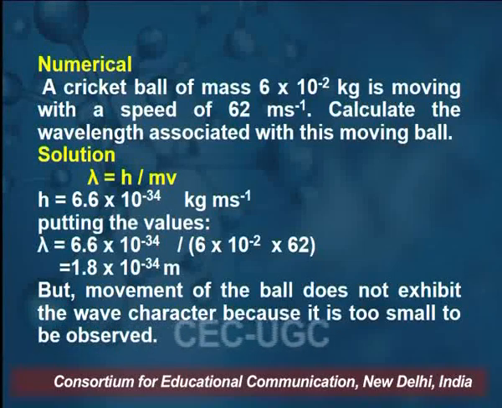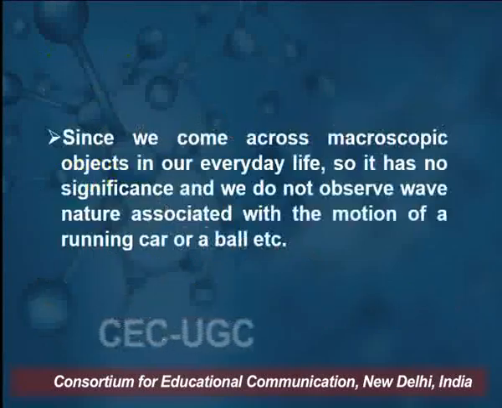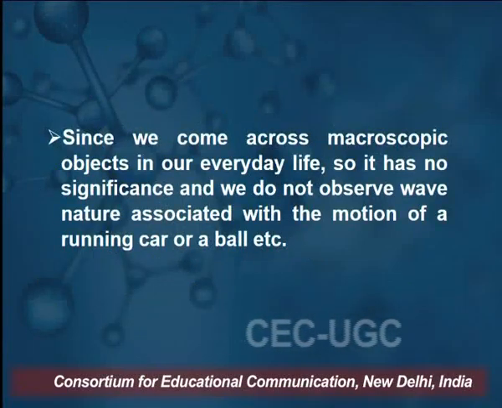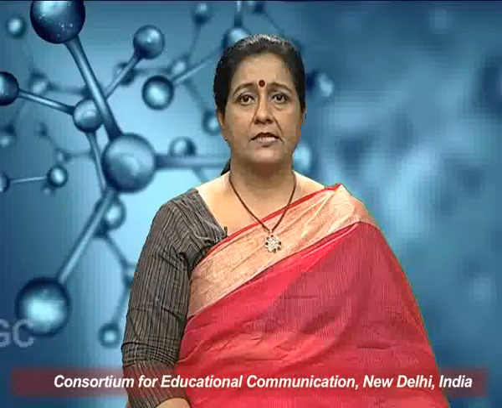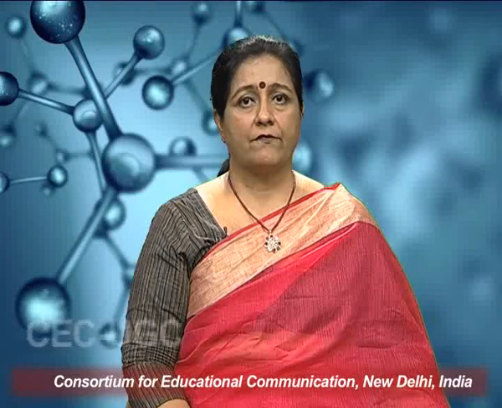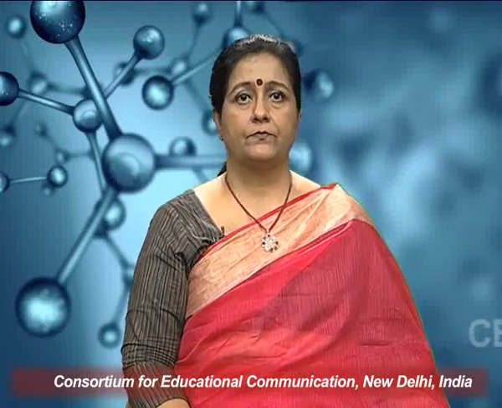So the de Broglie concept holds good for microscopic particles, but not for macroscopic particles. Since we come across macroscopic objects in our everyday life, it has no significance and we do not observe wave nature associated with the motion of a running car or a ball, etc.